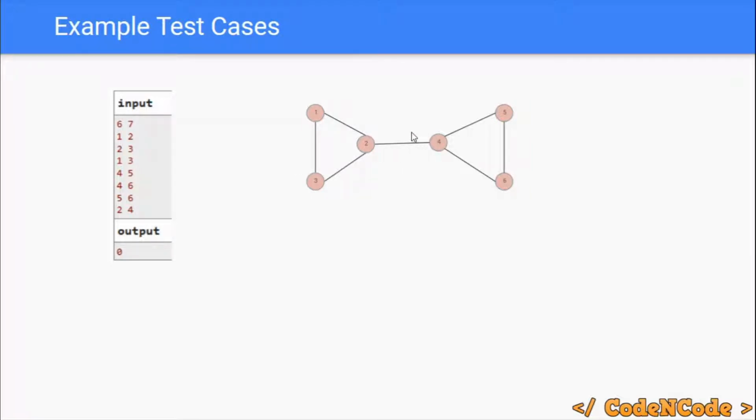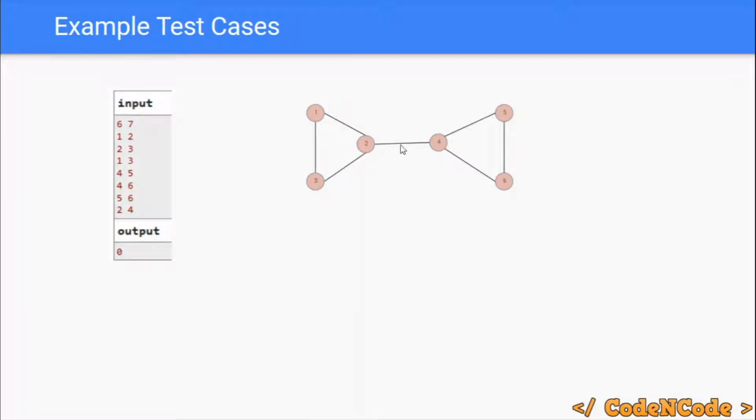If I orient this edge from 2 to 4, then no node from this side would be able to get here, or basically there won't be any path from node 4 to 2, or node 5 to 2, or 6 to 2, or from any node from this side, 4 5 6, to any node on this side, 1 2 3.